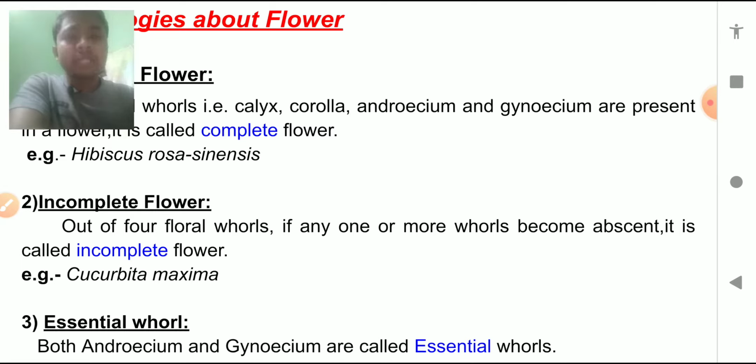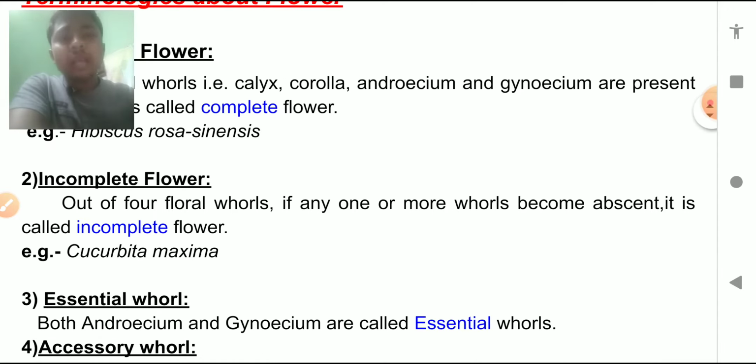So here the example is Cucurbita maxima. If you see a flower like Cucurbita maxima, then each flower bears a single essential whorl.